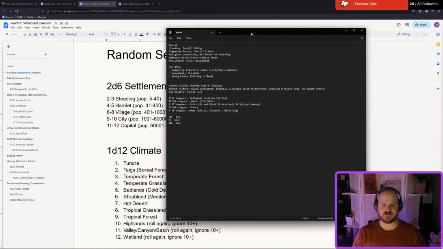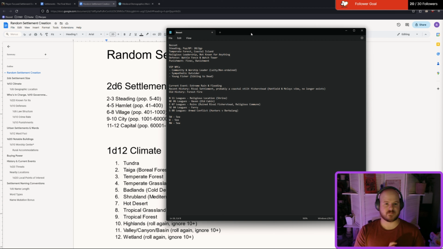These settlements have a kind of violent past to them. But it's also important that that settlement no longer exists. And then we have an old history, which means only the oldest members in the current settlement remember this: there was a very large forest fire that happened on the island.